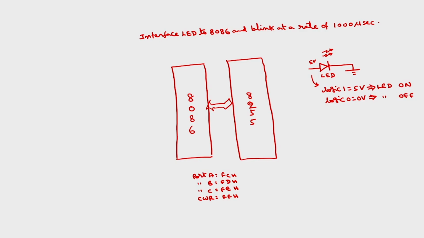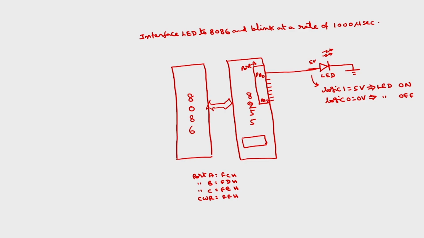Then in order to connect this, we know that 8255 has 3 ports, port A, port B, port C, and inside this we have of course the control register. So I need only one port bit. You can connect to any port. Suppose I want to connect this to PA0 of port A. I have this entire port A, and in that we have PA0, PA1, PA2, PA3, PA4, PA5, PA6, PA7.